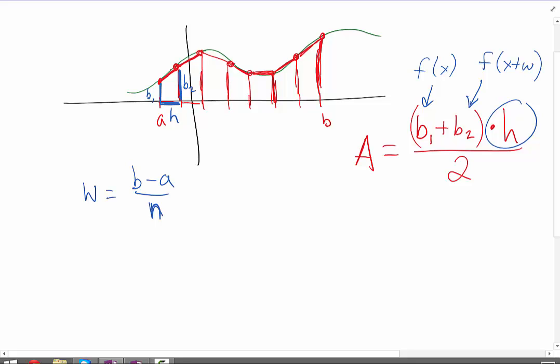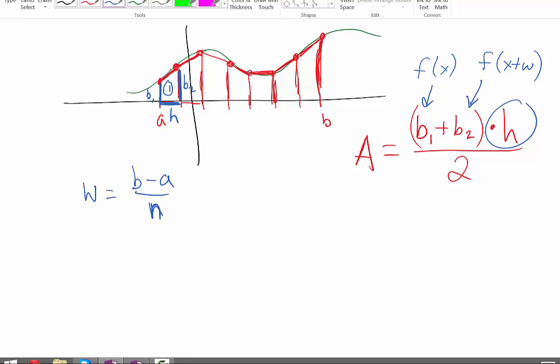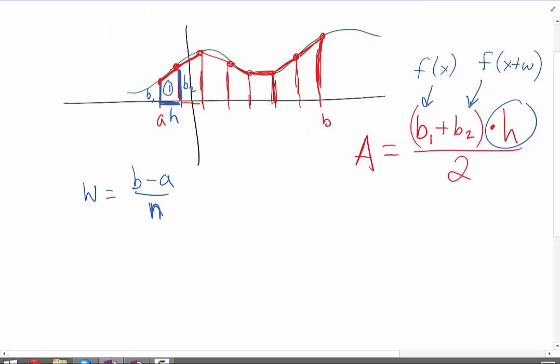In this case, if you notice, we have all of these trapezoids, and in this first one, the left side will be B1 and the right side will be B2. But then in the next trapezoid, what happens is that this side right here gets repeated as B1 and B2.